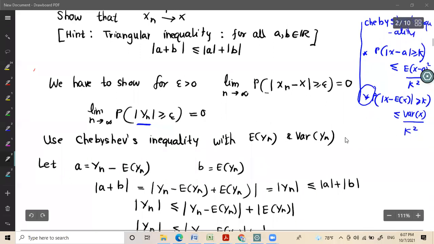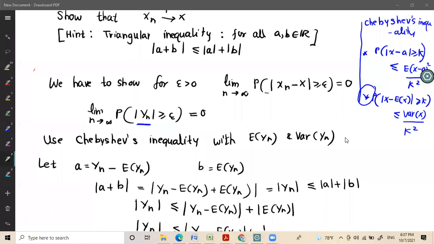Yeah, that is also possible. If you want to find the expectation of yn square by using the variance and the mean, that is another method to do it. But are you using the triangular inequality in that case? Where are you applying the triangular inequality? Yeah, you are not using the triangular inequality.